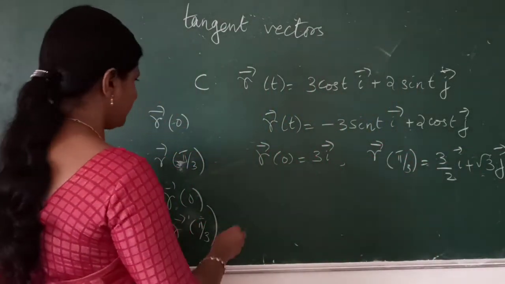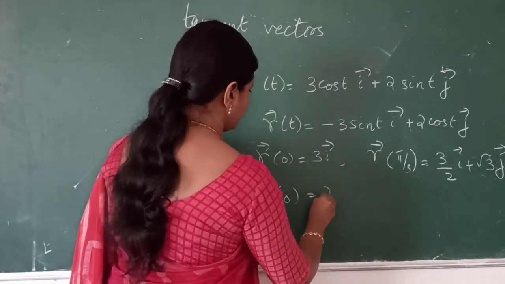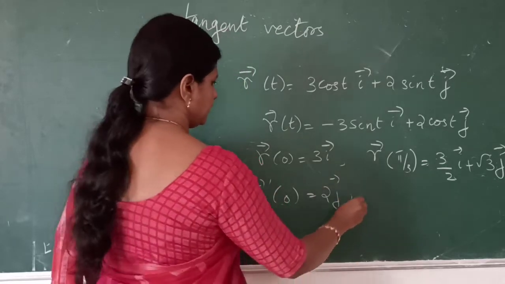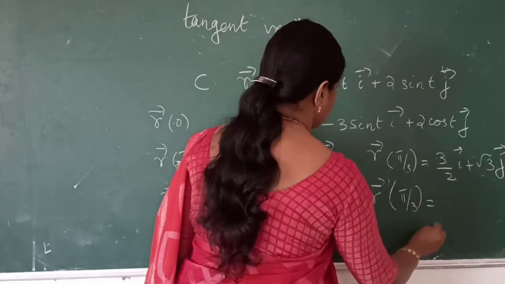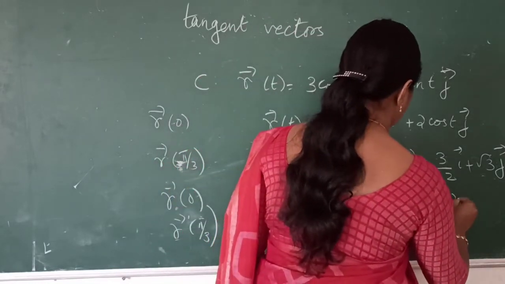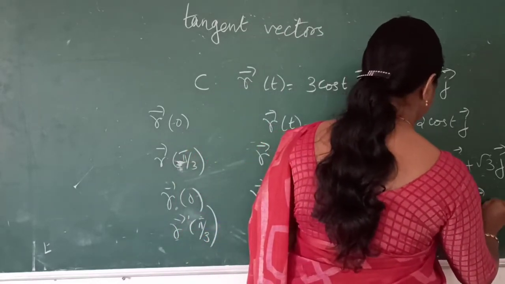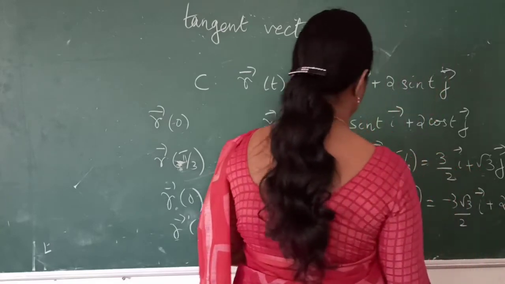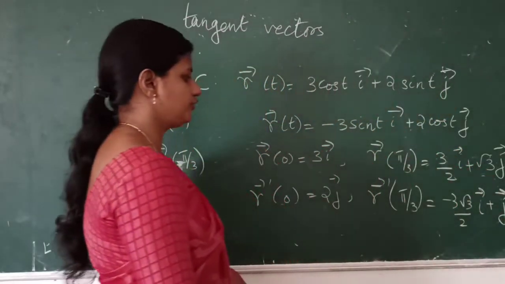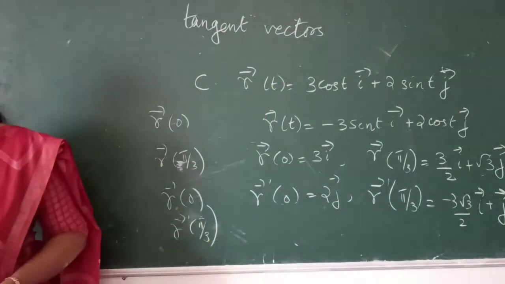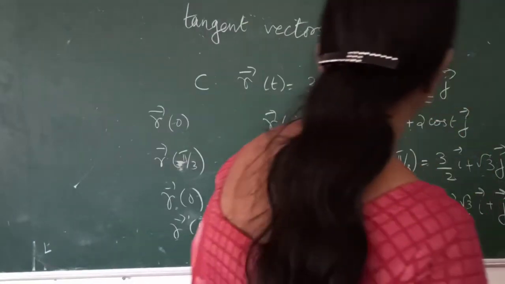And also we have r bar dash of 0 is equal to 2j, and r bar dash of pi by 3 is equal to minus 3 root 3 by 2 i plus 2 times 1 by 2 j, that is plus 1. So we have r bar dash of pi by 3 is equal to minus 3 root 3 by 2 i plus j, and now we can sketch the curve.